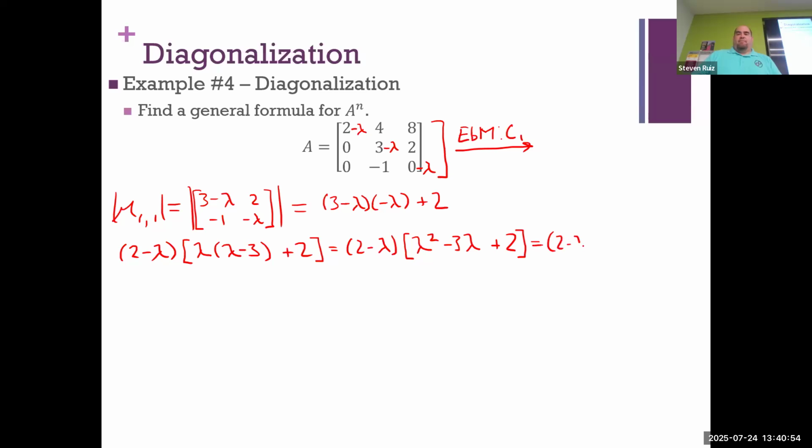I think it does. Yeah. 2 minus lambda, minus 1, lambda minus 2.